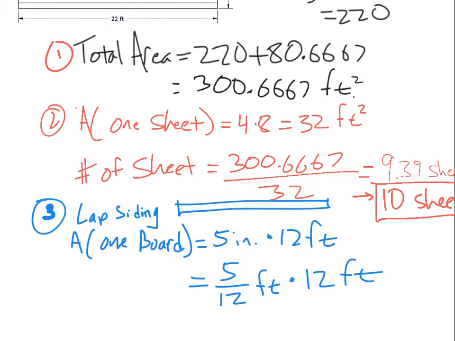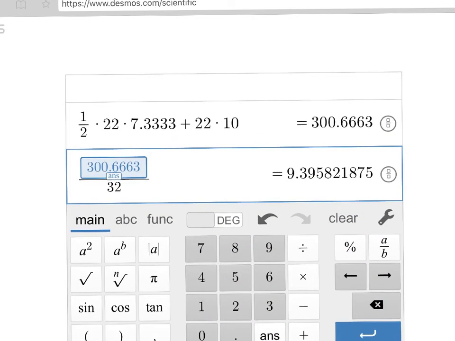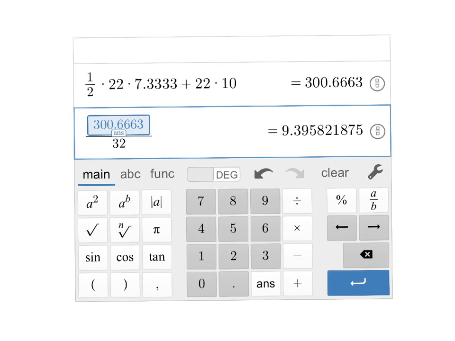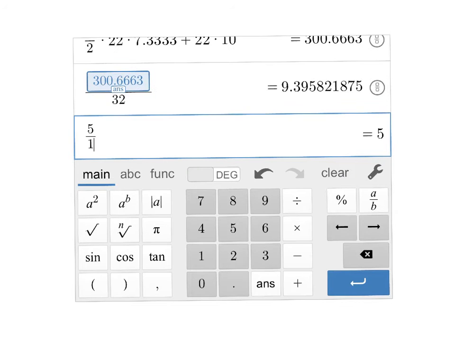Now, this is just going to cancel. We can go to our calculator and do this, but it's 5 divided by 12 times 12. This is just going to be 5. But we can convince ourselves over here with our calculator. 5/12 times 12, because you notice we just did 5 divided by 12 times 12.